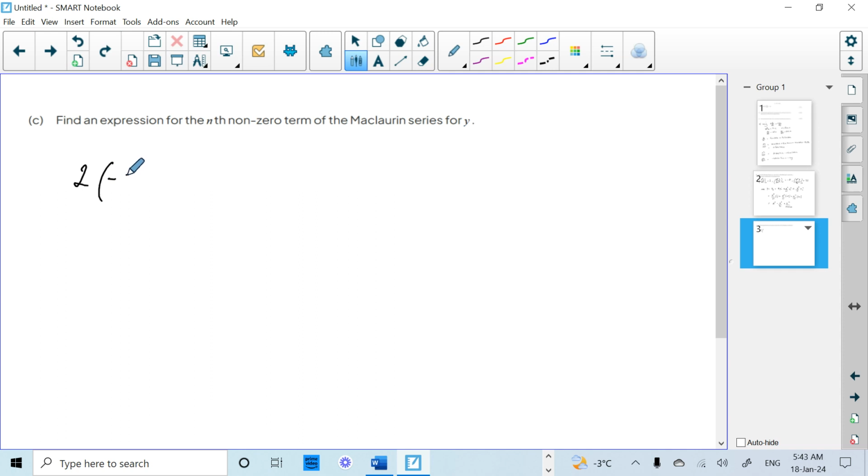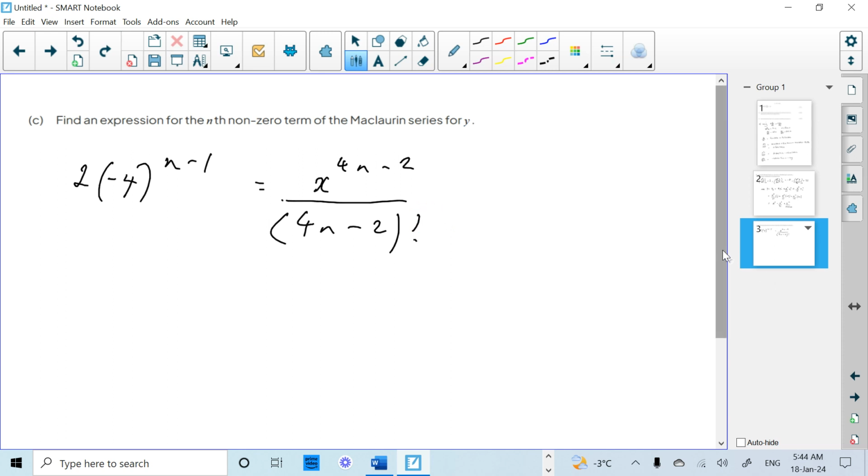It's very much like the binomial expansion really: 2 times minus 4 to the n minus 1, times x to the 4n minus 2, over (4n minus 2) factorial. And that's 10 marks.